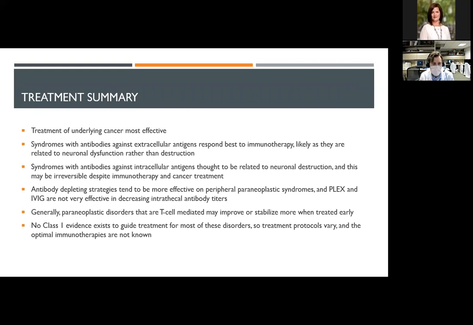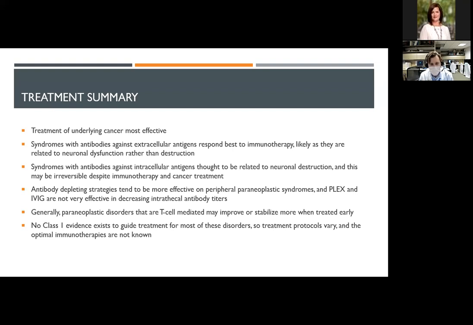Antibodies against extracellular antigens respond the best to immunotherapy, most likely because the neurons themselves are still working and can heal after the inflammation's brought down. But those syndromes with antibodies against intracellular antigens, especially at a certain point that they've been going on, there's neuronal destruction, and no amount of steroids is going to bring that back.